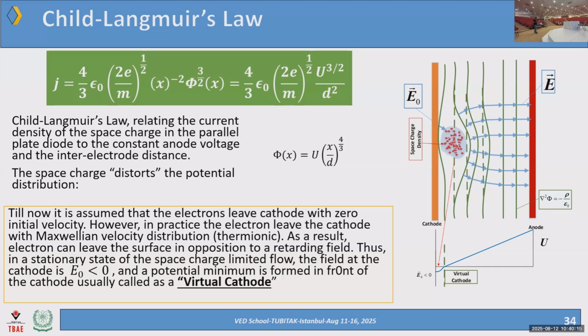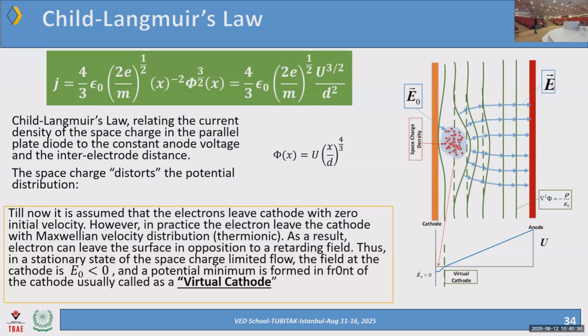In fact, if you are familiar with the thermionic emission simulations in CST or any other big solver, you have to define the position of this virtual cathode. All the emissions in this case are felt as if they are not coming from the cathode, they are coming from a virtual cathode.